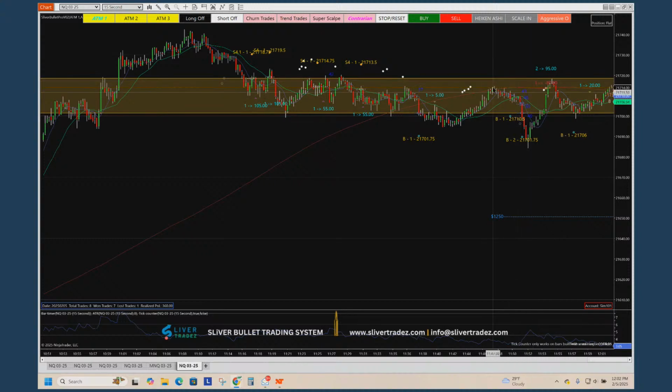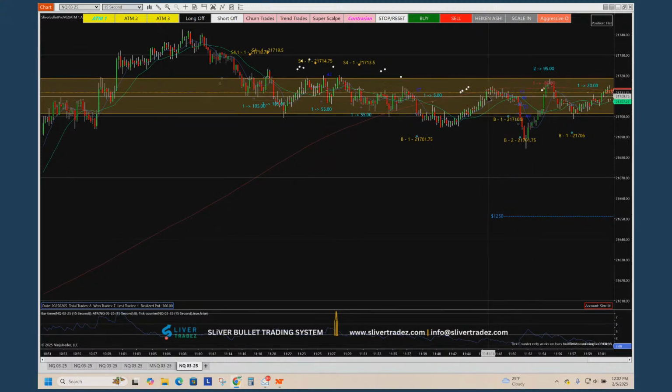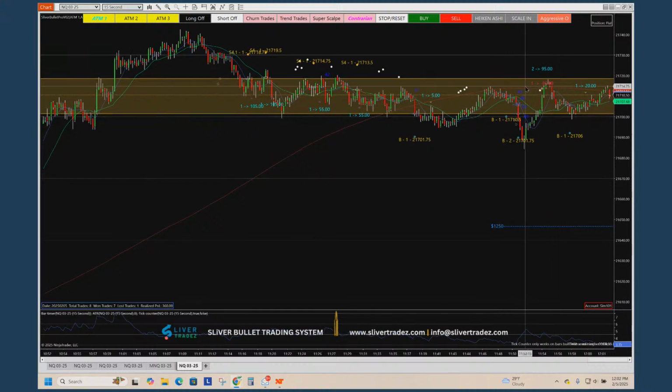So what I was saying was, if you are new, be careful about this kind of range bound market. Even though I've been taking trades, the last couple of trades, thinking that I'm in a direction, clearly the market is not in a direction, it's range bound.